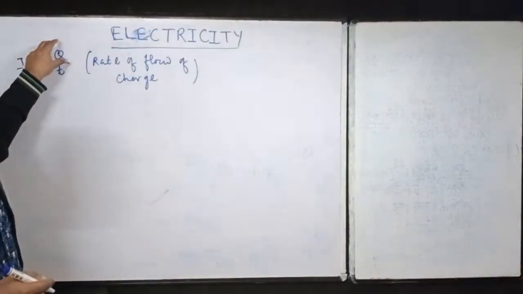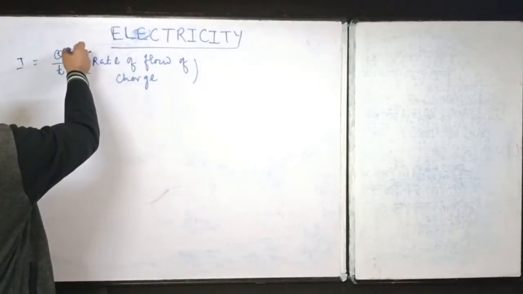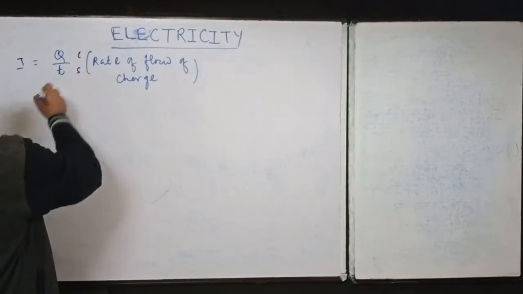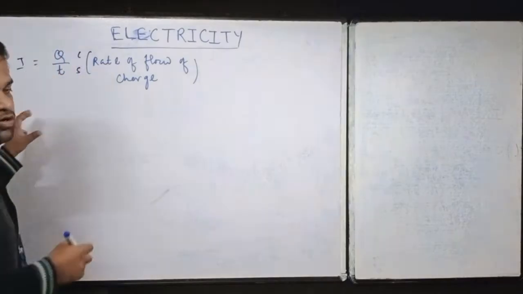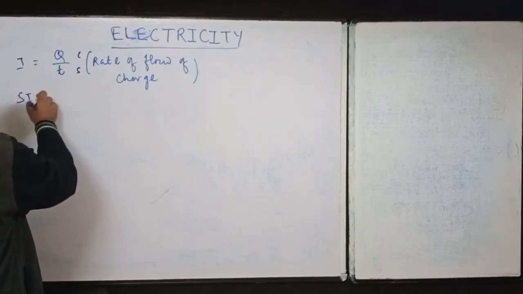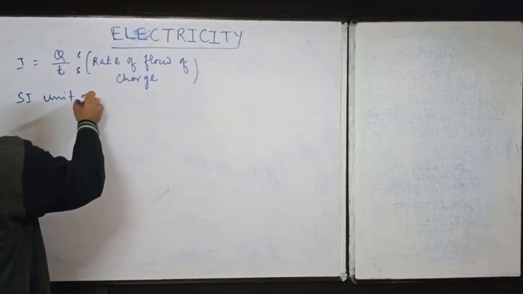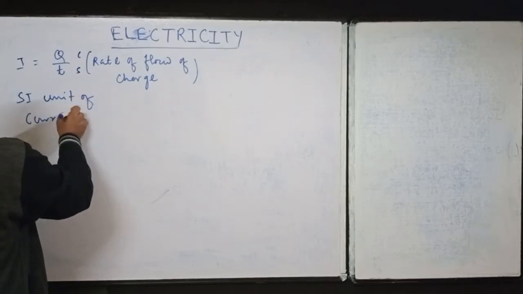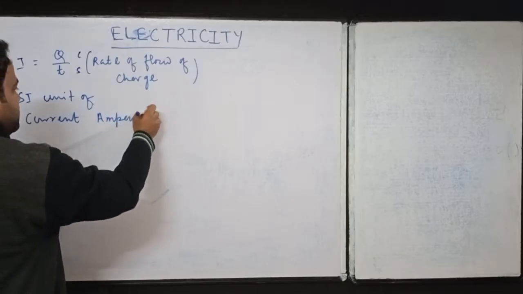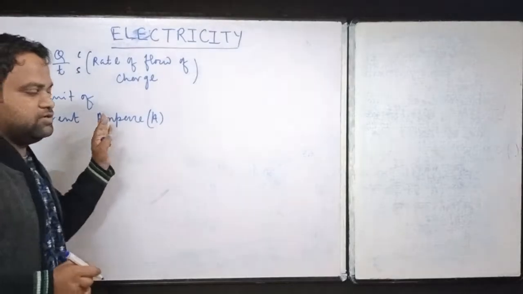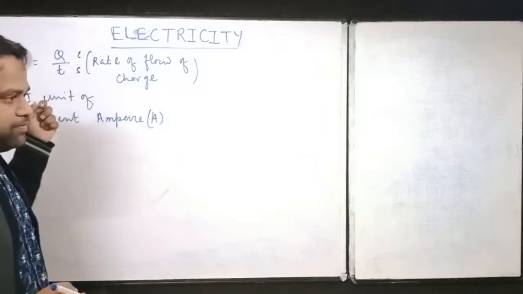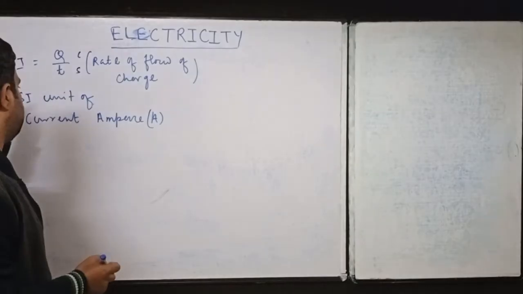The charge unit is coulomb, represented with symbol C, and T is in seconds. So I is coulomb per second, or the standard unit, the SI unit of current, is ampere, and the symbol is capital A. So capital A is used for the current I. This is the unit of your current.